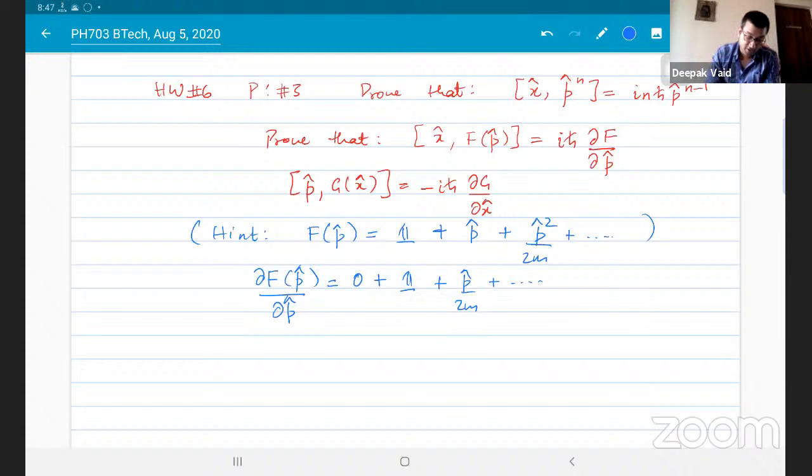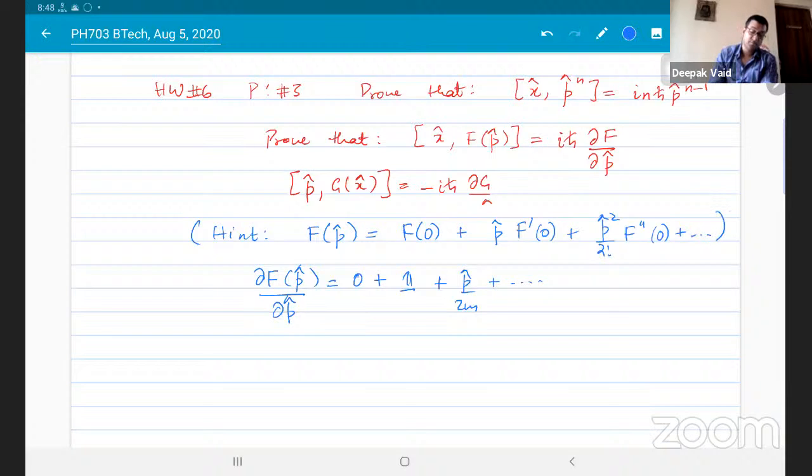Sorry, I have to be careful. The Taylor series expansion will be f of 0 plus p hat times f prime of 0 plus p square by 2 factorial times f double prime of 0. f of 0 just means that if I put 0 as an argument, what is the result?